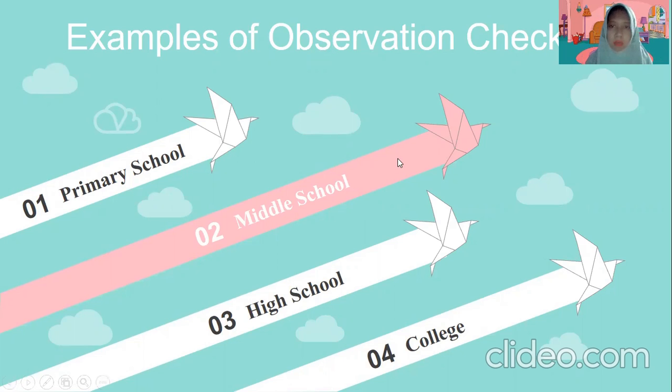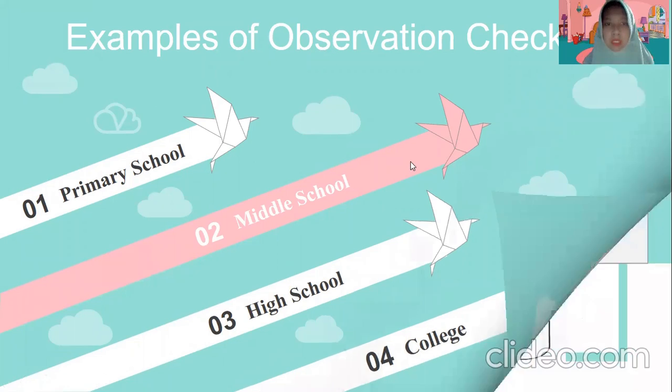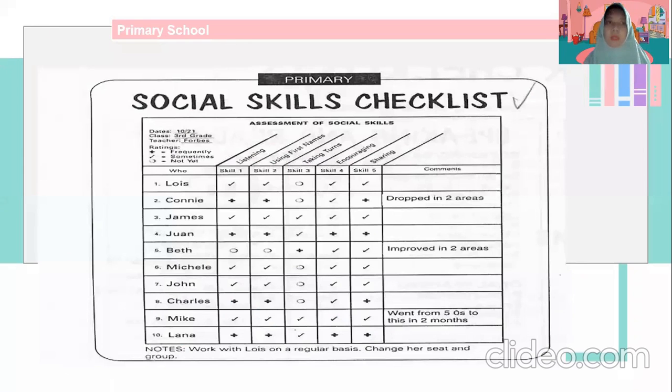First, I would like to explain the observation checklist used in primary school. As you can see here, there are 10 students in 3rd grade of elementary school, and the name of the teacher is Mr. Forbes.